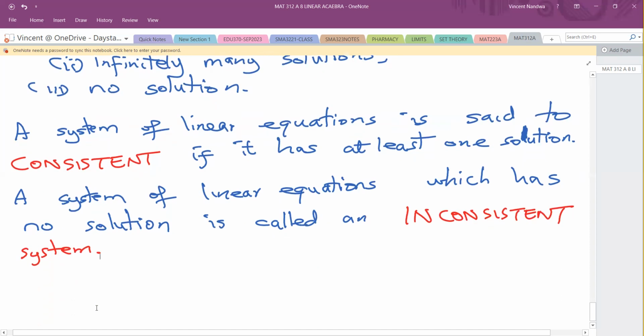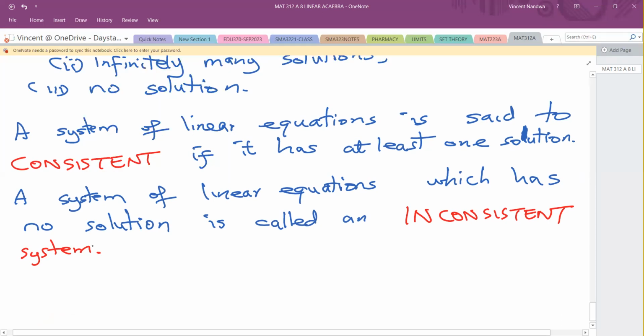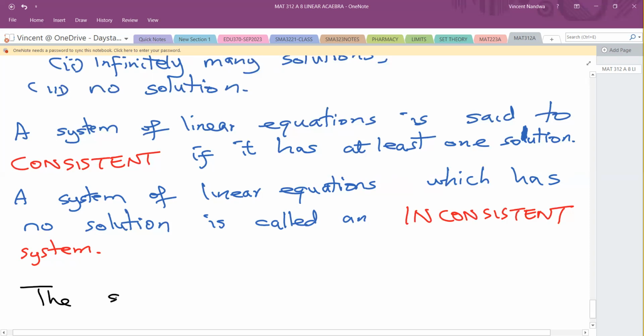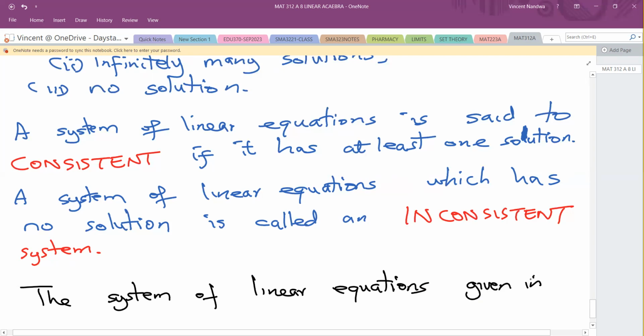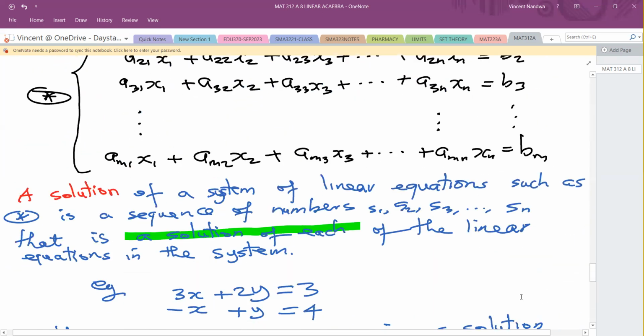So the main goal is now to discuss, before even we discuss, say, the system of linear equations given in, so we called it star.